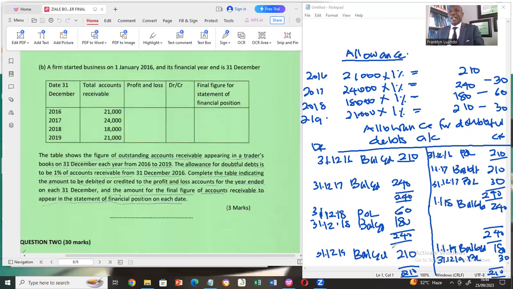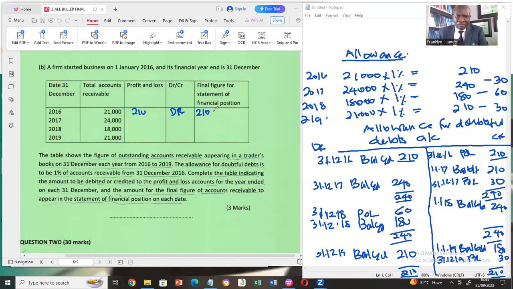So that's how the account will be. Now, when you come to the completion of the table, in 2016, the amount there will be 210. And you are going to debit because it's an increase from 0 to 210. It's an expense.